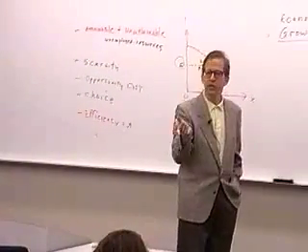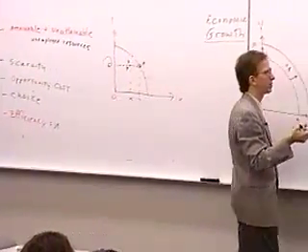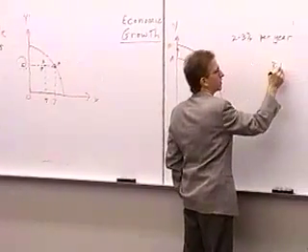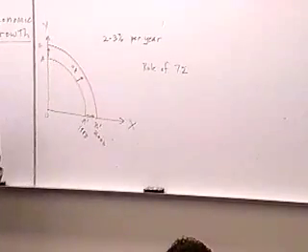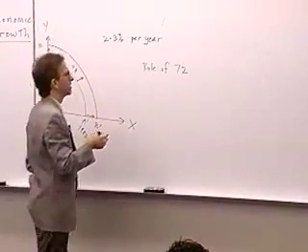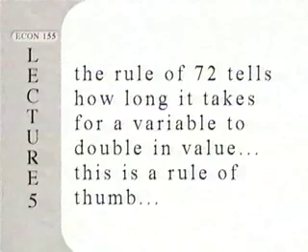This is kind of a good time to do it, so let me just give you a little mathematical formula. I'm going to call this the rule of 72. The rule of 72 tells us how long is required for a variable to double in value.